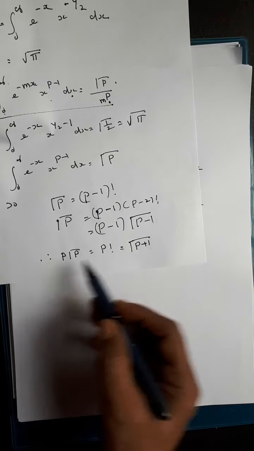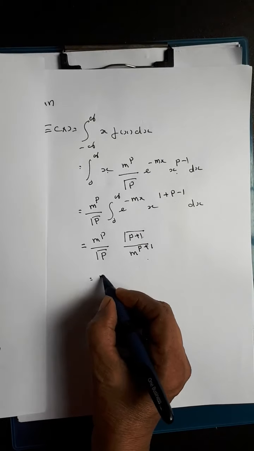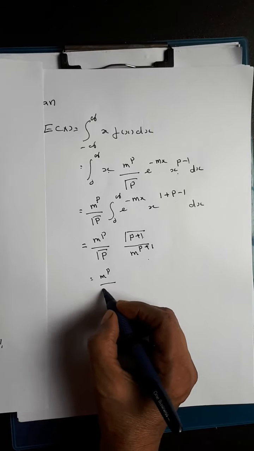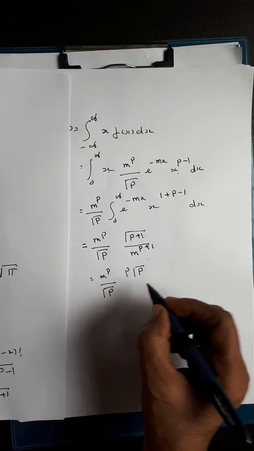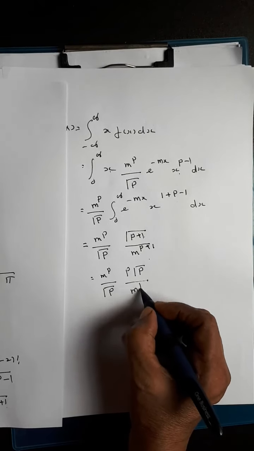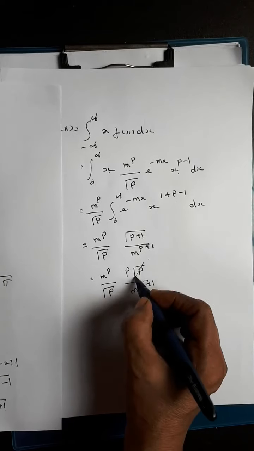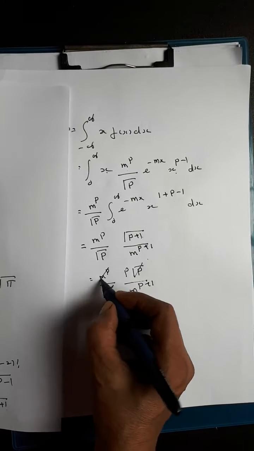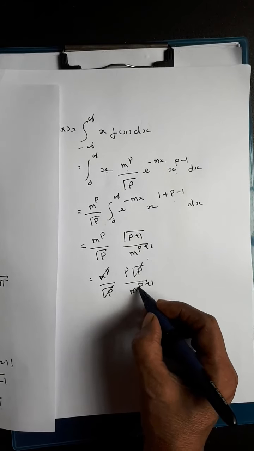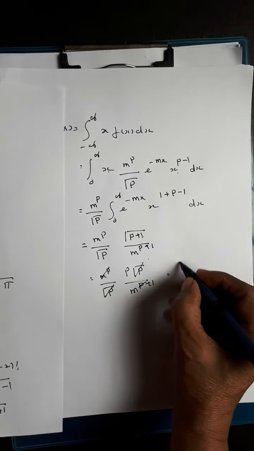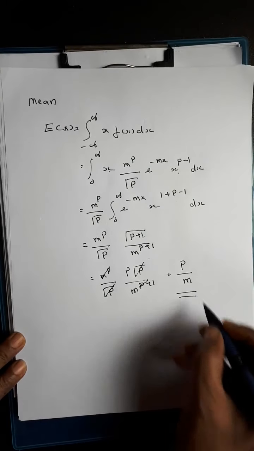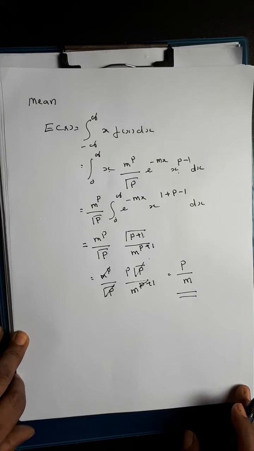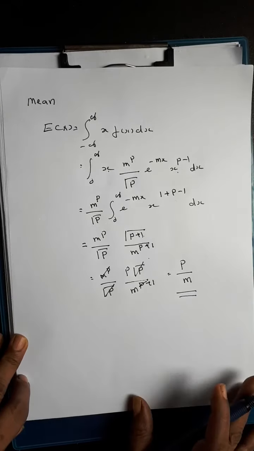Gamma p plus 1 is p into gamma p. So we can write this as m raised to p divided by gamma p into gamma p divided by m raised to p plus 1. This gamma p and gamma p get cancelled. M raised to p and m raised to p get cancelled. We have p by m. So, mean of a gamma distribution is p by m.